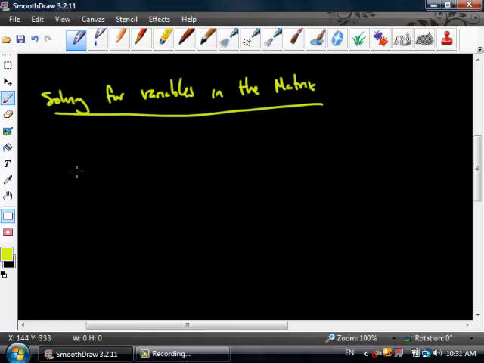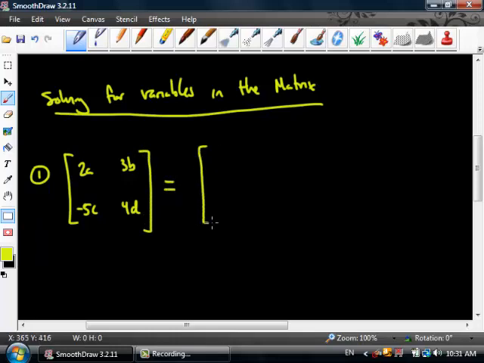Matrix. All right. I'm going to give you a matrix here. Example 1. 2a, 3b, negative 5c, and 4d. And I'm going to say that equals 12, 48, 13, and 6.